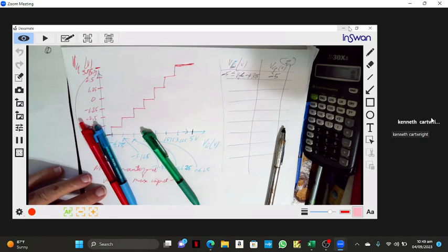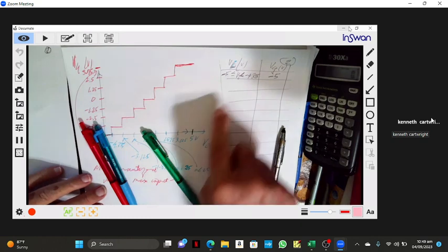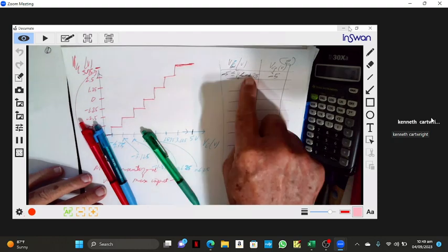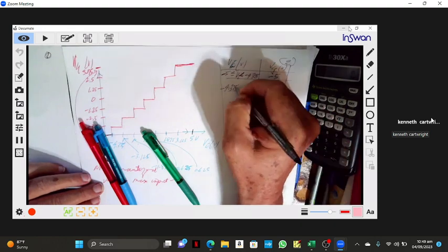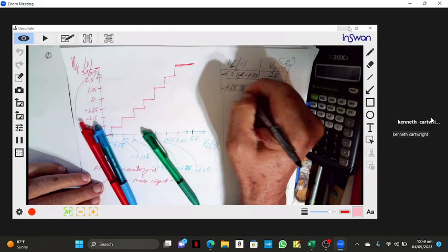So this is just less than. The next statement would be less than or equal to. These 2 points can be equal. One of these has to be equal and the other one not.